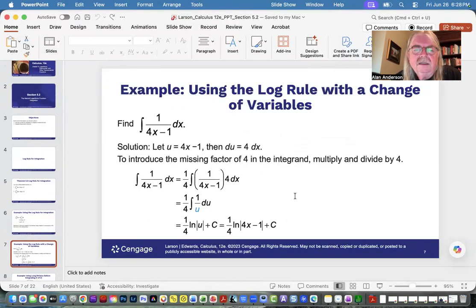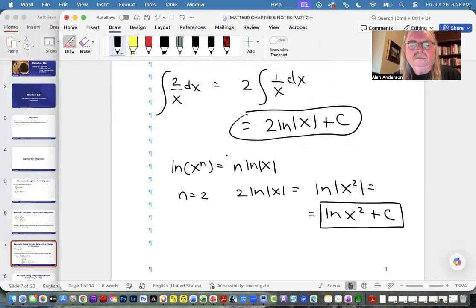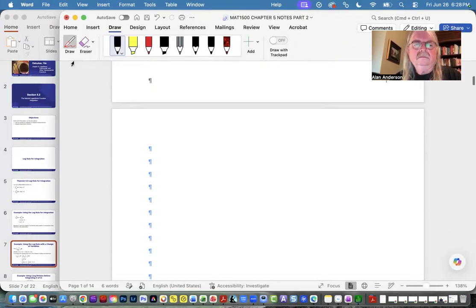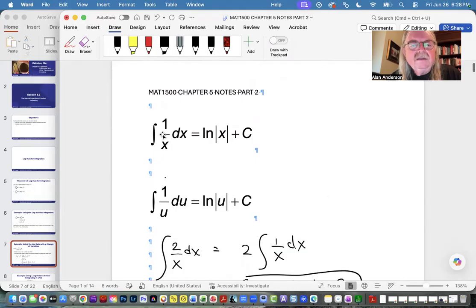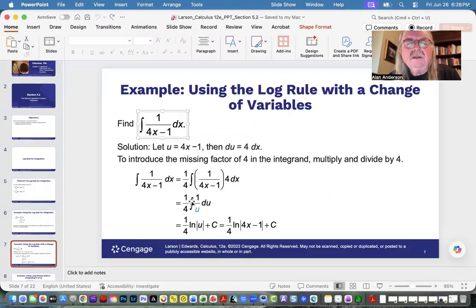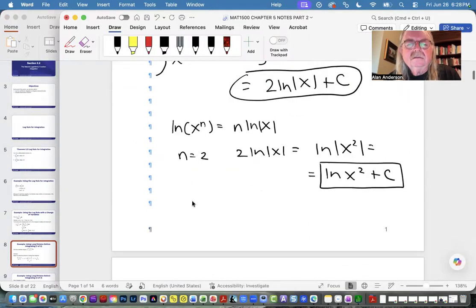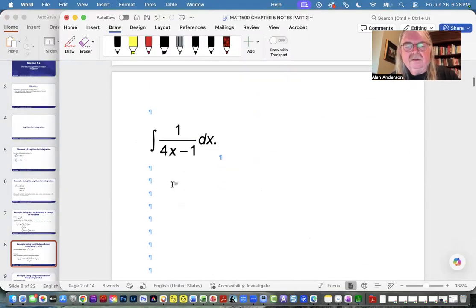All right. What about this one? Does this remind us of one of these? Maybe, but now let's think of it this way. Suppose that u is 4x minus 1.